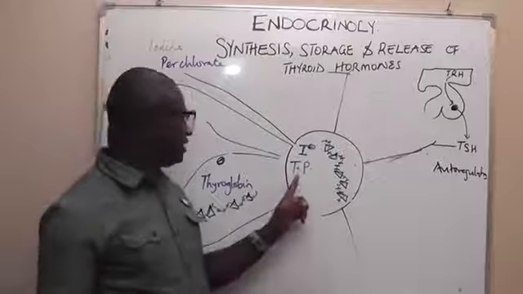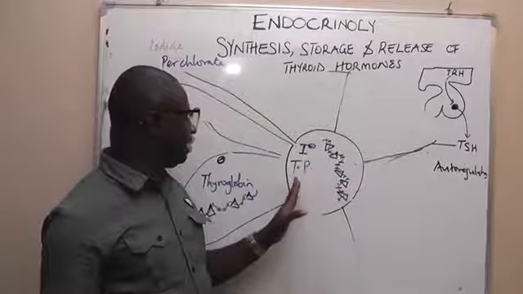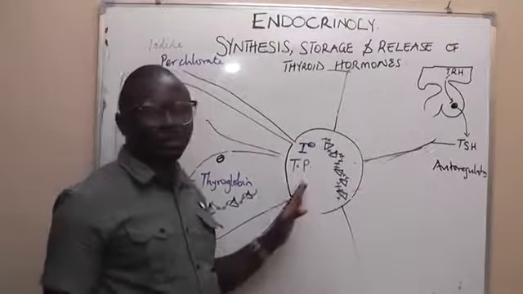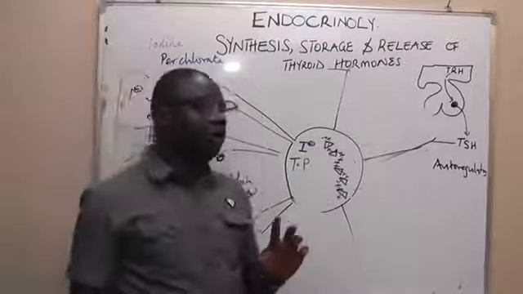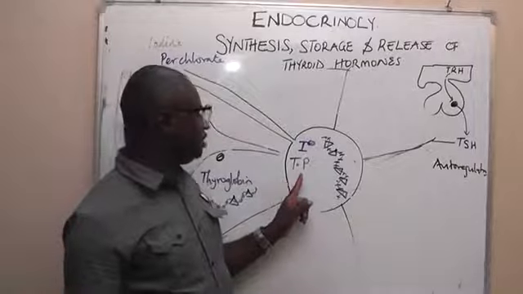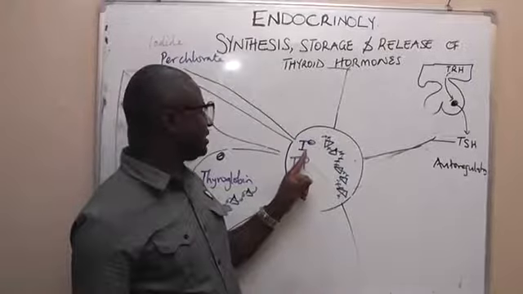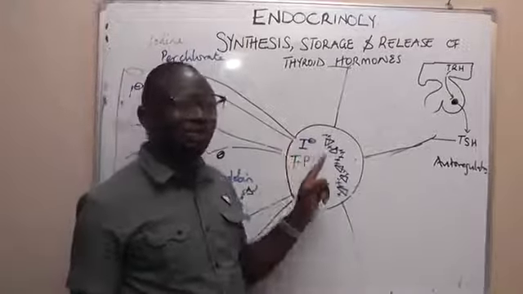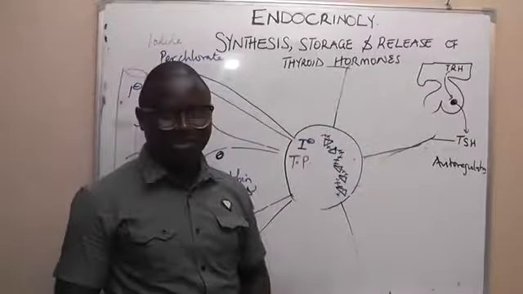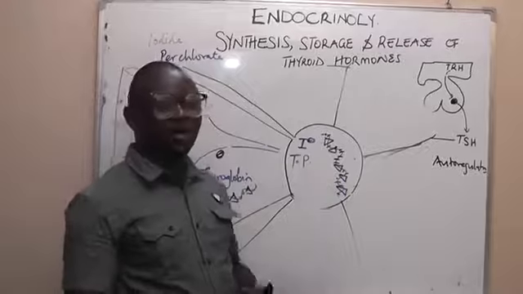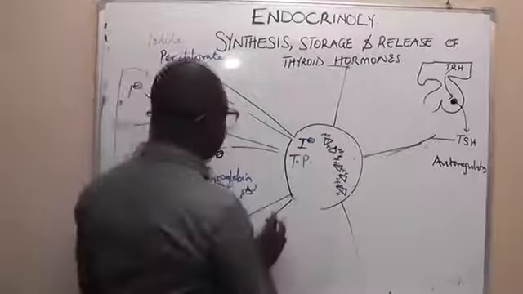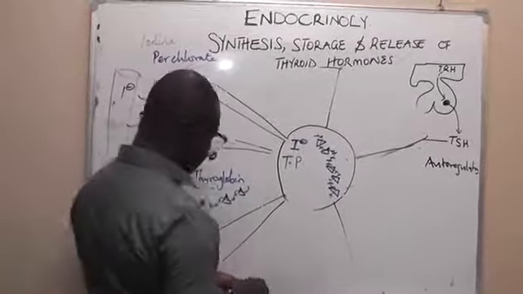Now, this enzyme is located at the luminal aspect of the cell. First of all, this thyroid peroxidase helps to convert iodide to iodine. Do you understand? It helps to convert what? Iodide to iodine. And that process is known as oxidation.